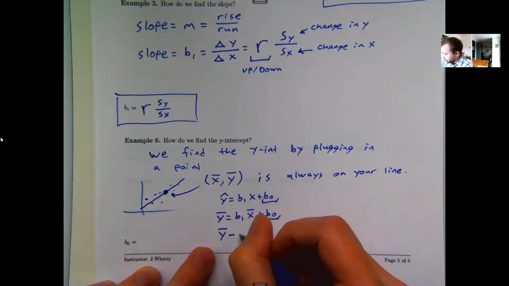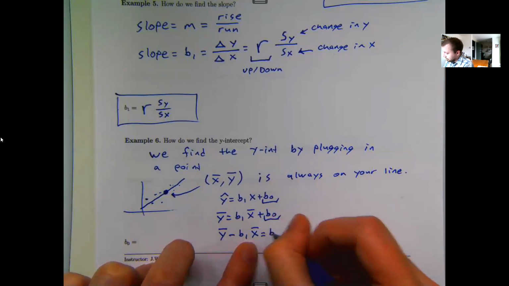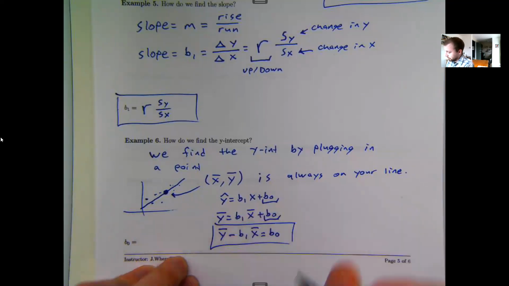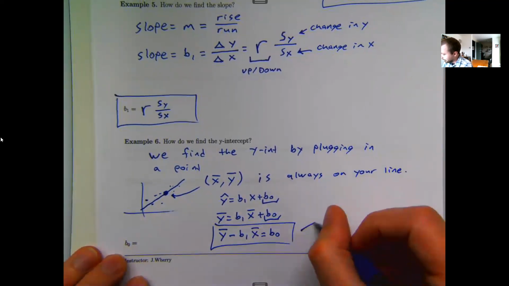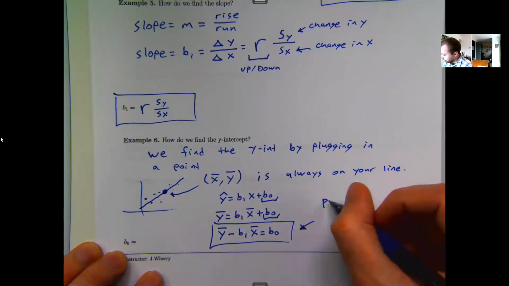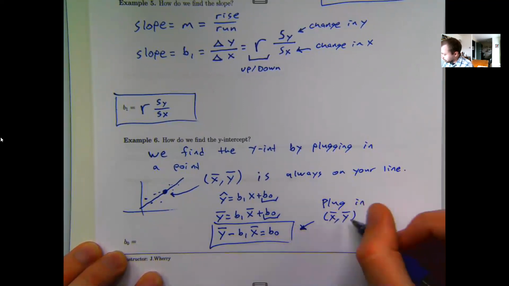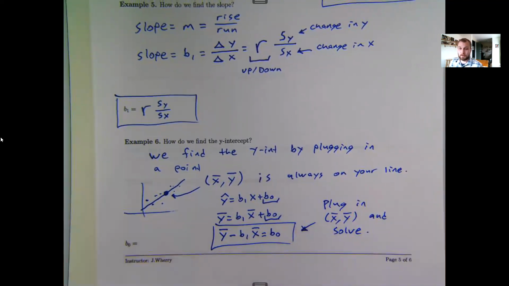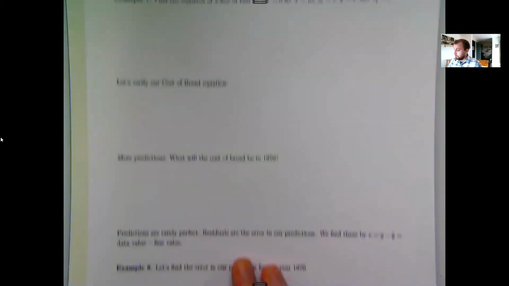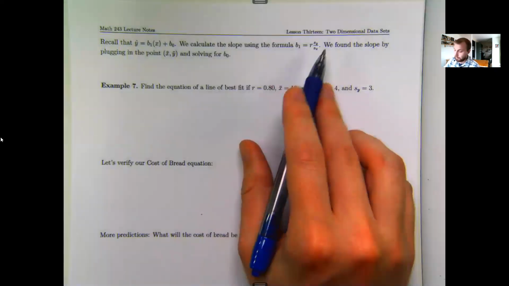So if I take the average for my y's and I subtract the slope times the average for the x's, this will give me my y-intercept. So this equation I can use for finding the y-intercept, but I would encourage you to just plug in your average for both x and y and solve instead of memorizing this equation. Let me show you what I mean by this. So I'm going to calculate the slope by doing r times rise over run.